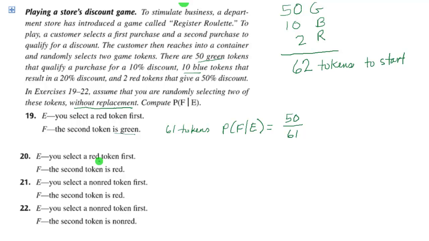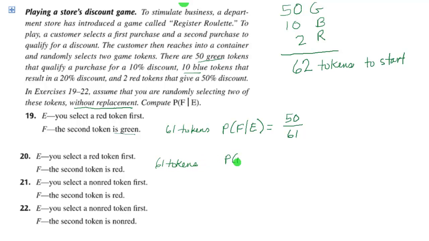You're back to your 62 token jar. You select a red token. You keep it aside. You don't put it back in the jar. And now you're going to reach in again, and your second token is also red. So what's the probability that you are going to select this red token? Well, again, you have 61 tokens.